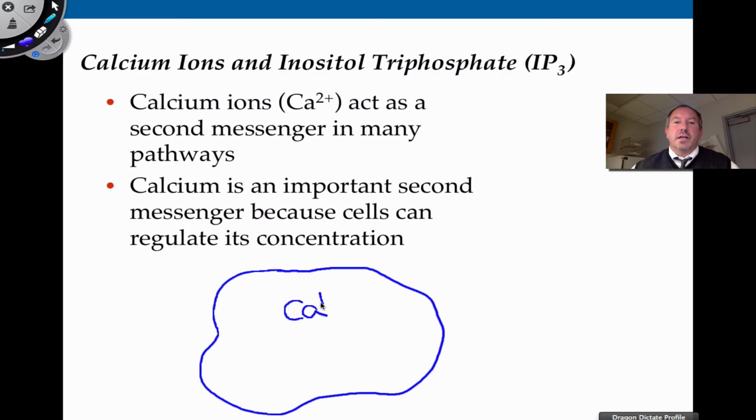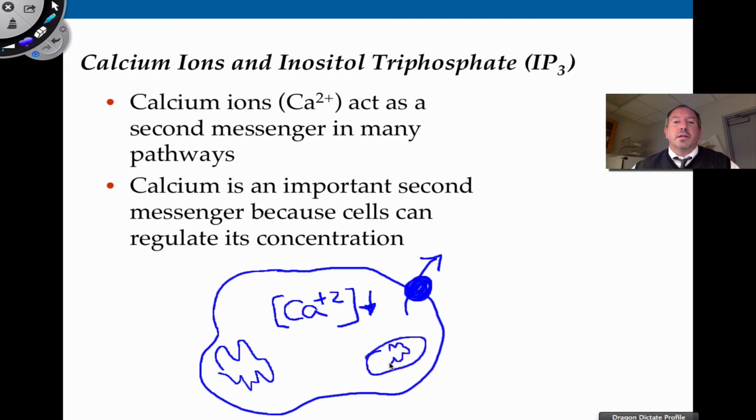The cell can really cause calcium concentration in the cytosol to be low. You're like, well, how does it do that? Well, it spends energy doing that. It takes proteins and it pumps out calcium. And then it stores it using energy in the endoplasmic reticulum. And it also stores it in the mitochondrial matrix.